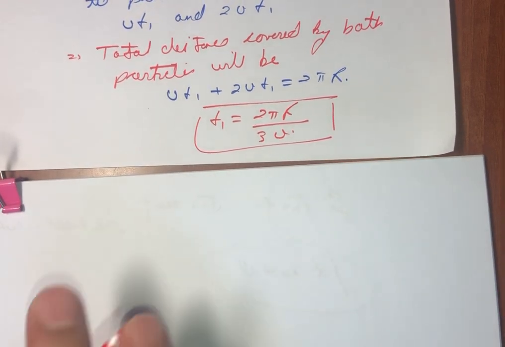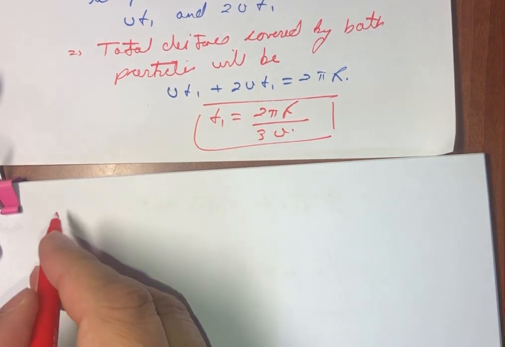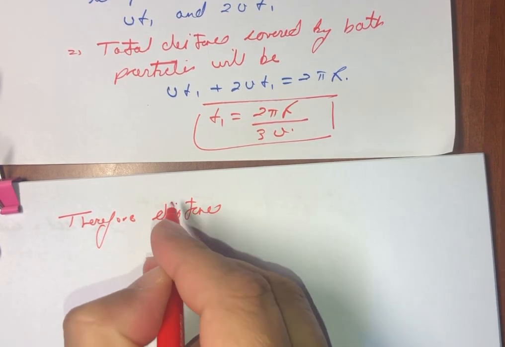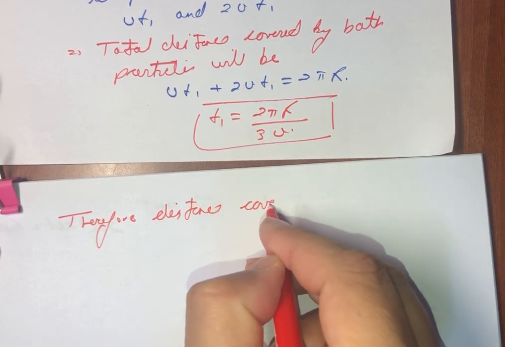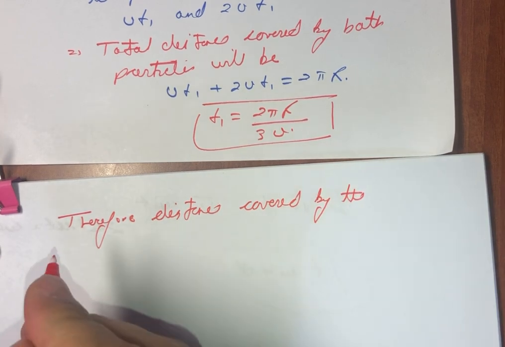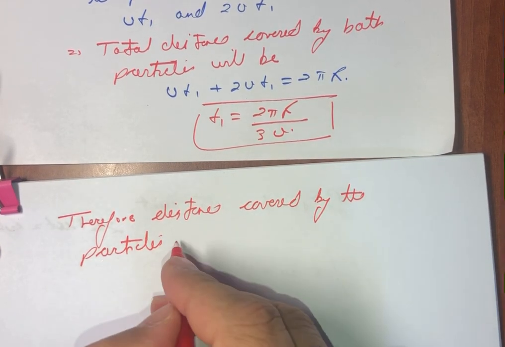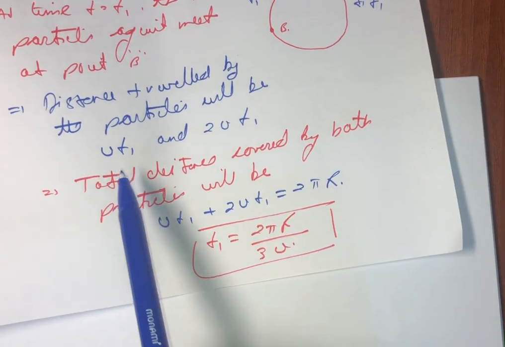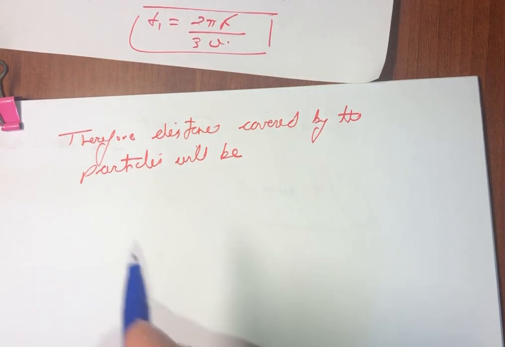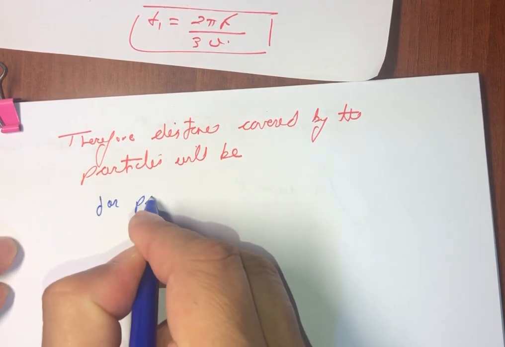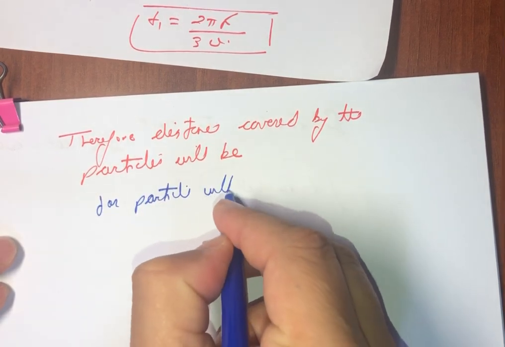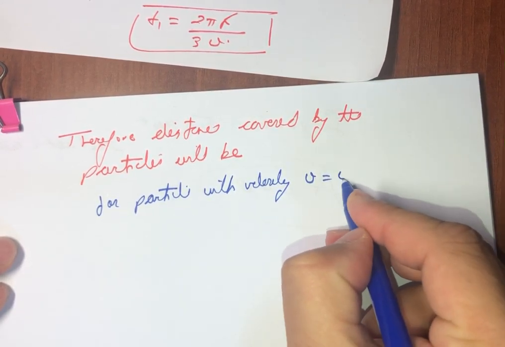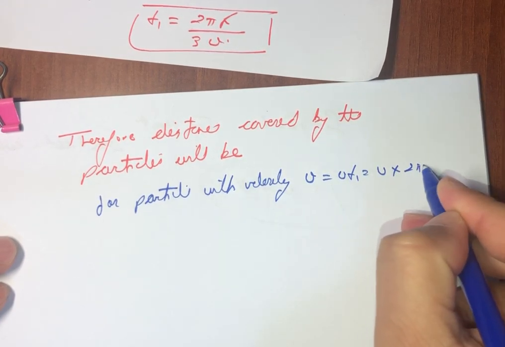Therefore, we can find the distance covered by each particle. Using the value of t1, for the particle with velocity v, the distance covered is vt1, which is 2 pi r divided by 3v.